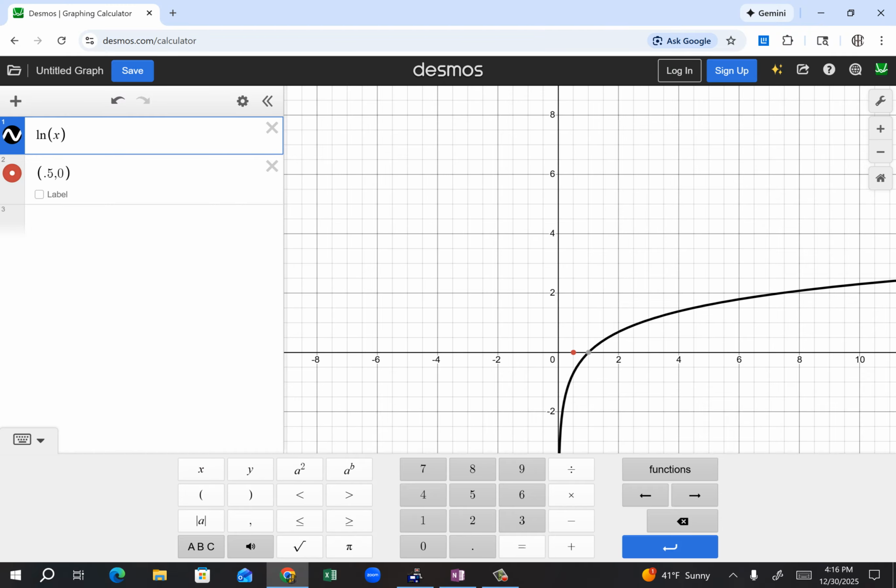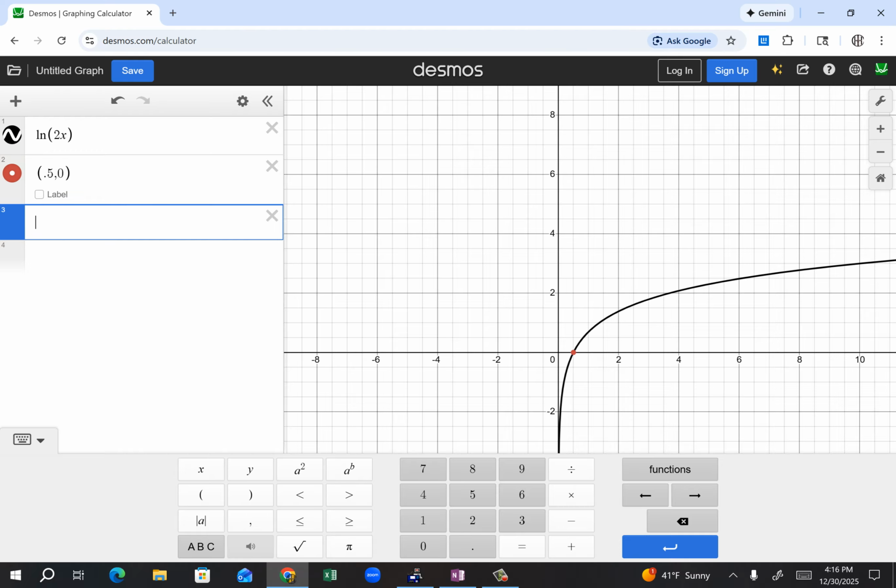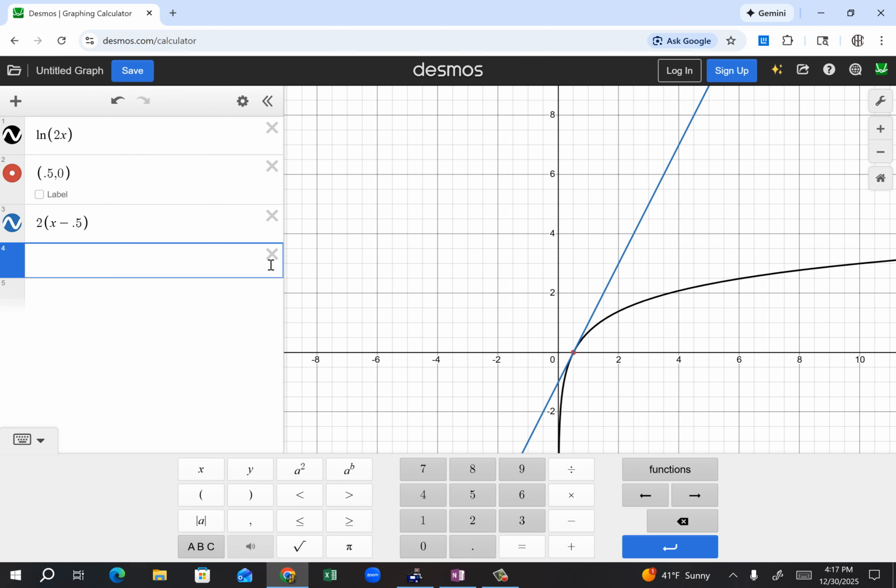Oh, there's a 2x in there, stupid. Nice. I know what I'm doing. Now you're saying that y equals 2 times x minus 0.5. Could I use this equation to predict what's happening over here at x equals 2?